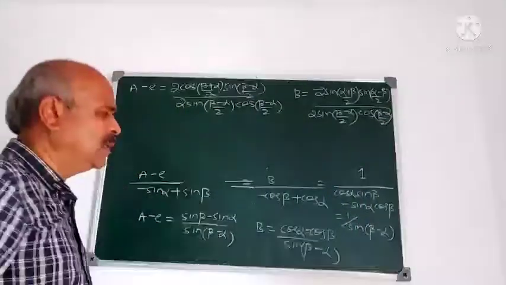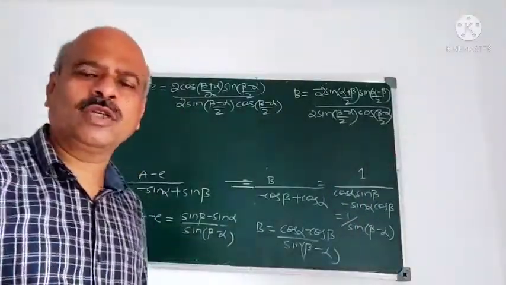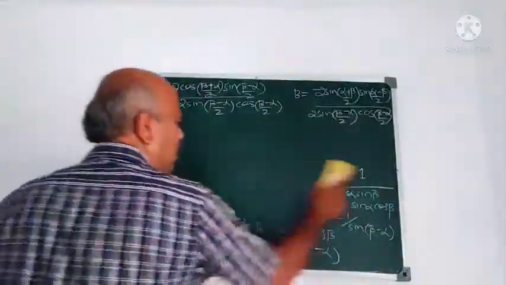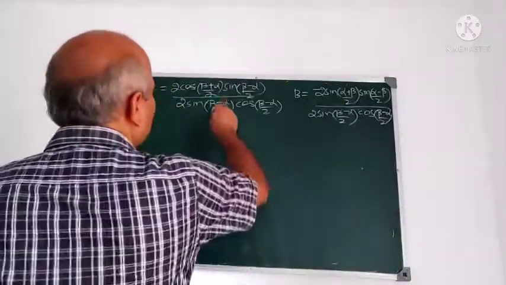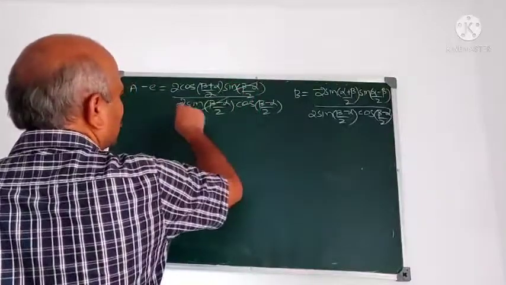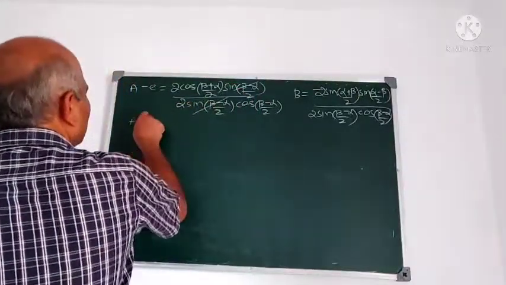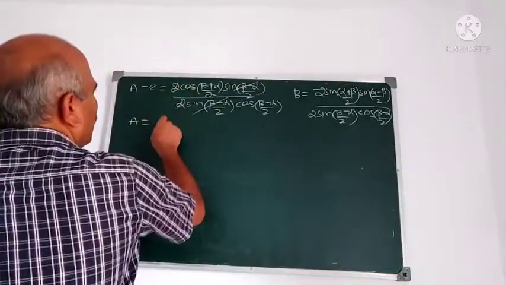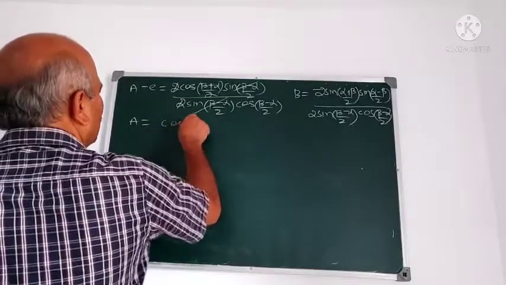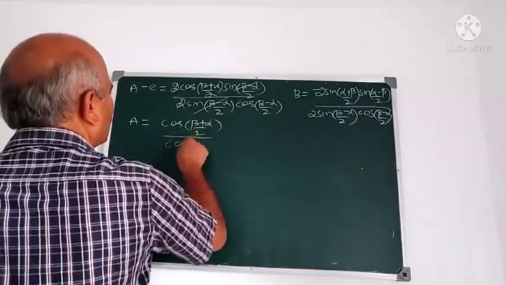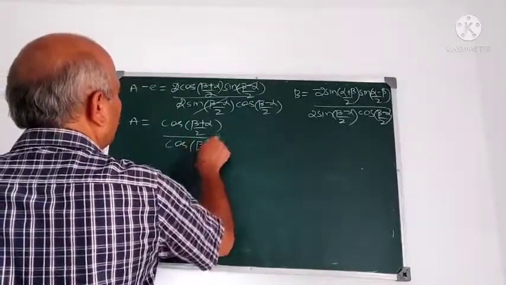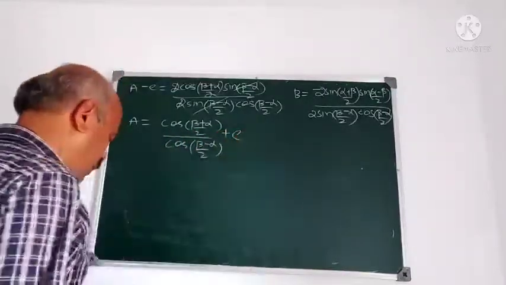Here sin theta is 2 sin theta by 2 cos theta by 2. Now therefore A, here sin of beta minus alpha by 2 cancels. Therefore A is equal to cos of beta plus alpha by 2 upon cos of beta minus alpha by 2, plus e. This is it.